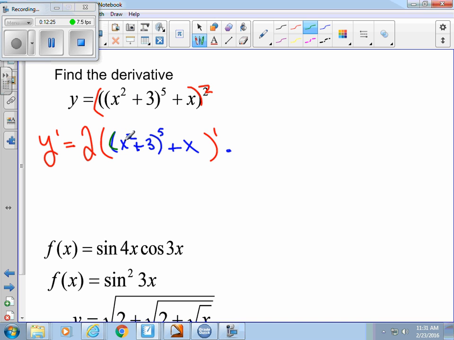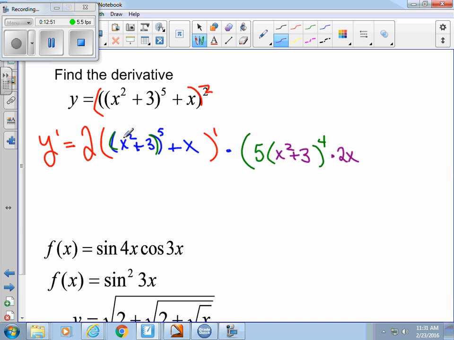The first piece on the blue part, would you agree it has an outside? So, I get 5, leave the inside alone to the 4th power. The inside of that was x squared plus 3, which means I need to multiply by the derivative of that, which is 2x.